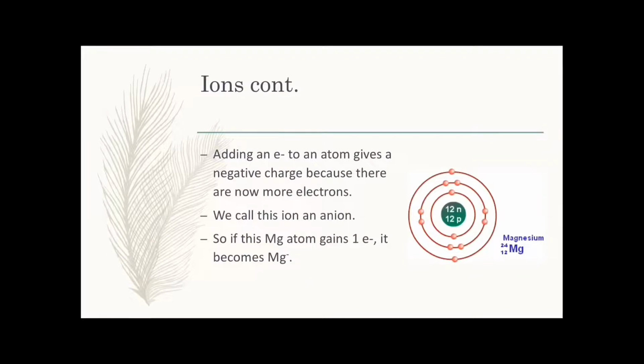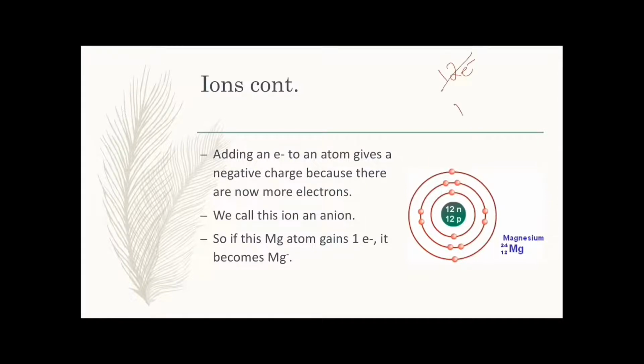All right, so adding electrons to an atom gives it a negative charge. So that means there are more electrons now than protons. If we again look at this magnesium atom and we give it 1 more electron, it started out with 12 electrons.